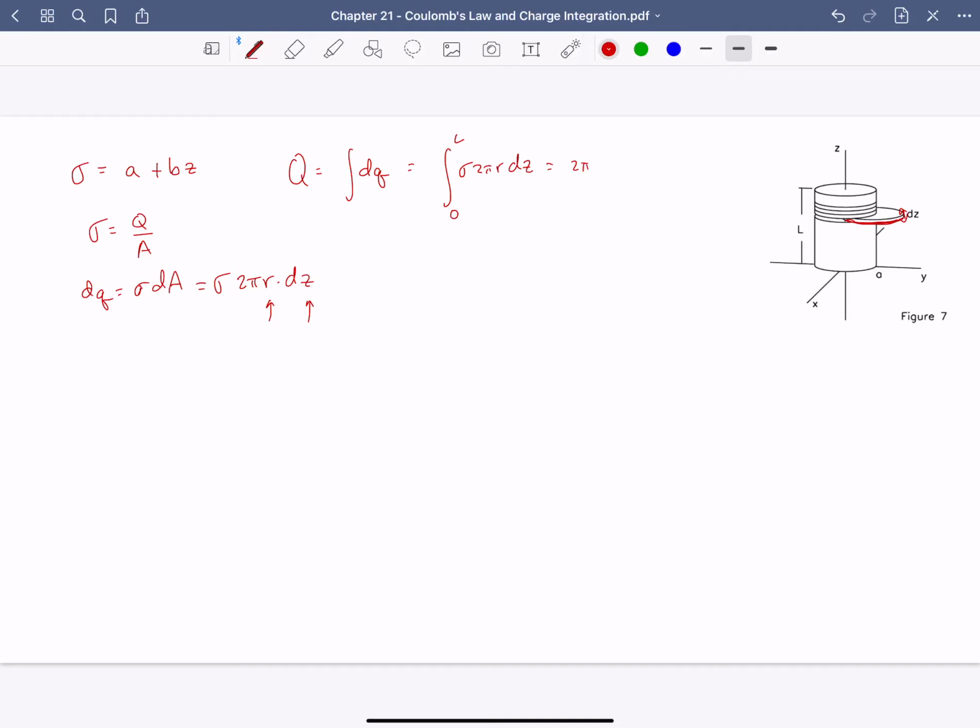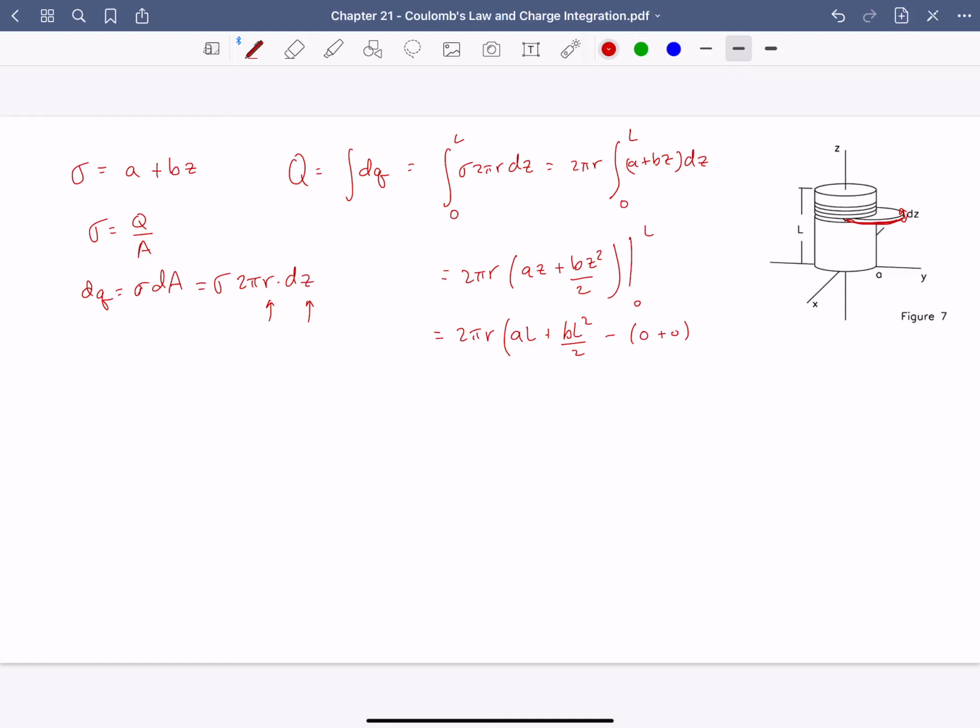Sigma, right? The 2, the pi, and the r all come out. Those are constants, right? They're not changing in this integral, but sigma does, right? It's A plus Bz, and then dz from 0 to L. 2 pi r times Az plus Bz squared over 2, evaluated from 0 to L. So it's going to be 2 pi r times AL plus BL squared over 2, minus 0 plus 0, right?